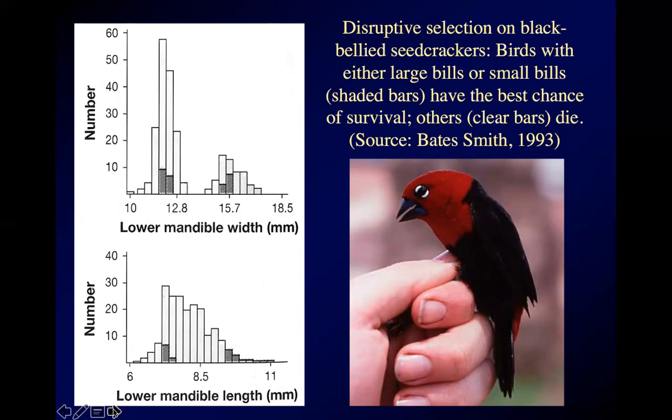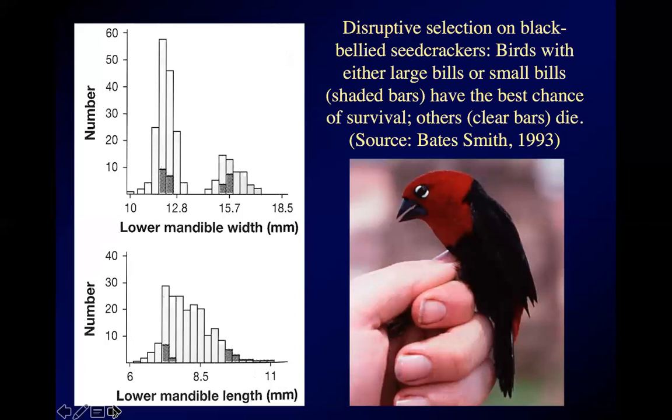His measurements at the beginning of the season are shown in the bar graphs on the left in light color. And then the shaded bars are the survivors. So in particular, look at that lower bar graph.